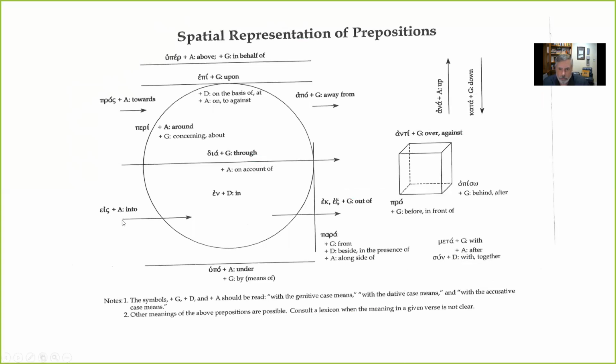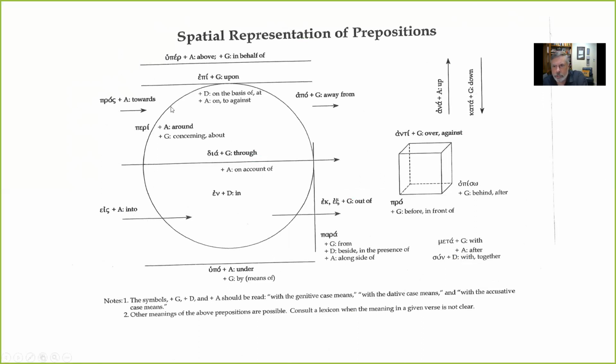That's what the A here stands for. It generally means into, and you see it has motion. That motion really has a lot to do with the verb associated with it. There are some things that could change that, but that's for later.